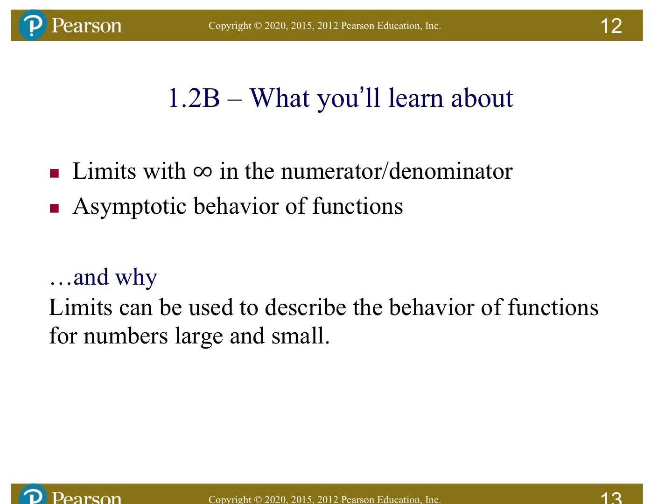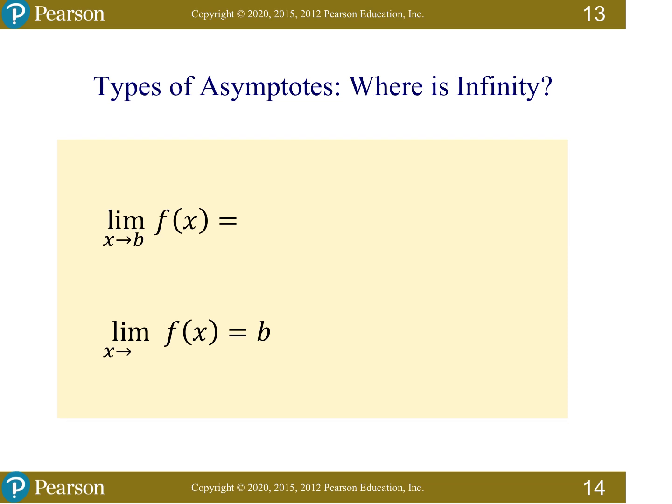What we need to talk about next is what if you get infinity in the denominator? So we've talked about what happens if you get 0 plus or 0 minus in the denominator. What happens if you have infinity in the denominator, either positive or negative infinity? And what kind of an asymptote does that produce? That's what we're going to be talking about next. All right, so watching out for where infinity happens. If you have a limit and infinity is the result, that's what we were just doing.